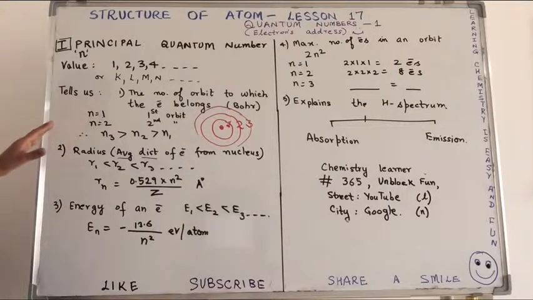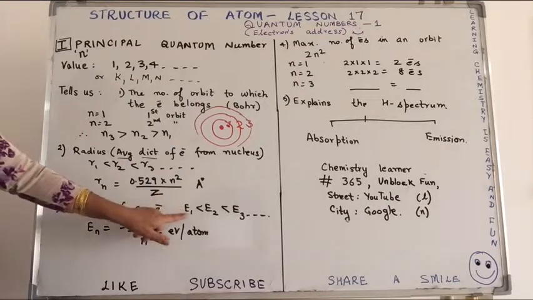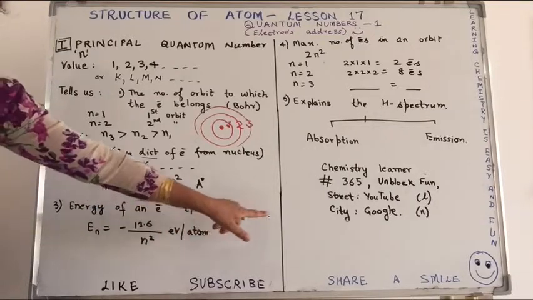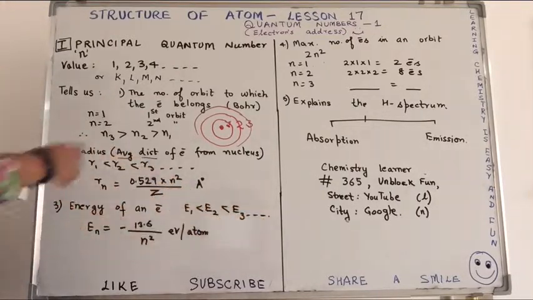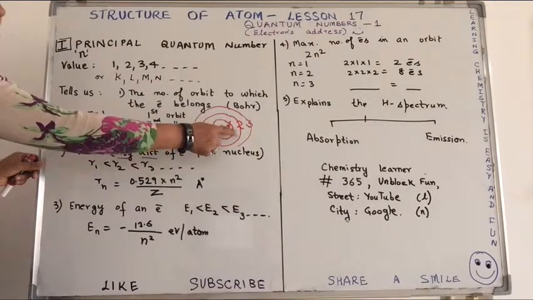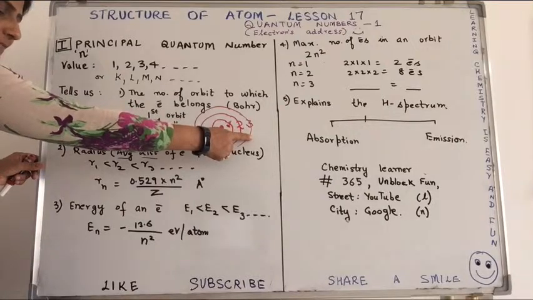What else does this principal quantum number tell us? It gives us an idea about the energy of the electron. So E1 is less than E2, is less than E3 and so on and so forth. As the distance of the electron from the nucleus increases, so does the energy.